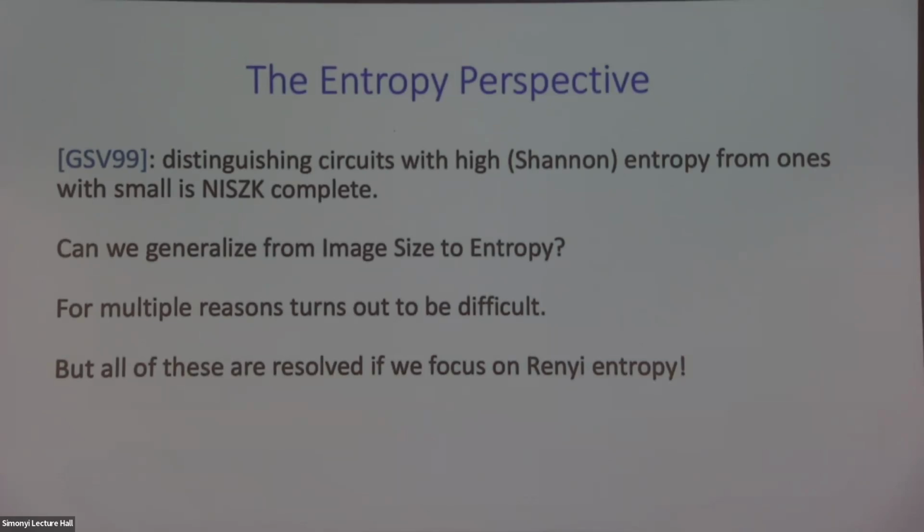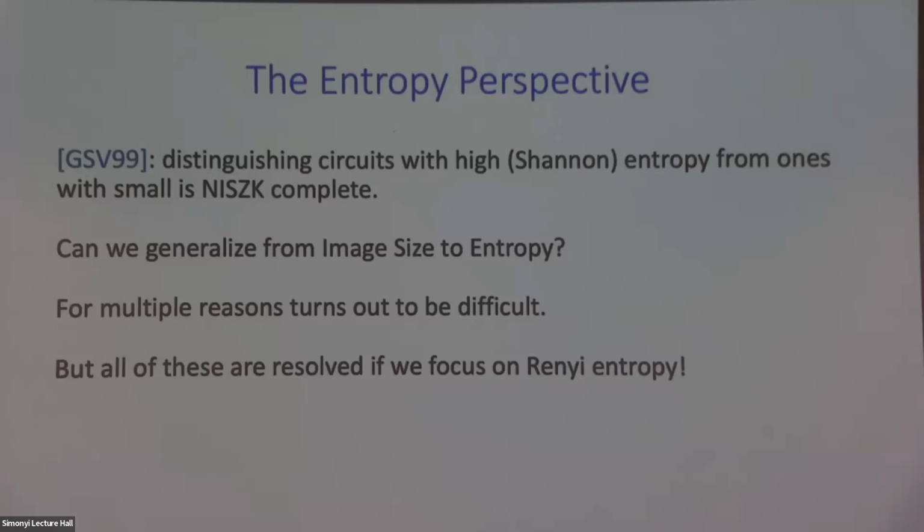So instead of looking at image size, we look at entropy. And this is beautiful work by Goldreich, Sahai, and Vadhan, or first there was Goldreich and Vadhan, who showed that if you look at Shannon entropy, for example, computing the Shannon entropy is complete for SZK, and there's a variant for NISZK.